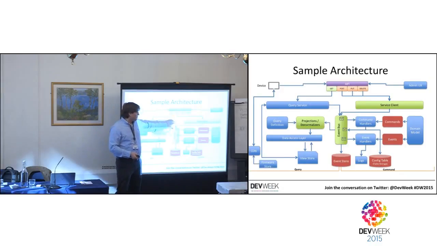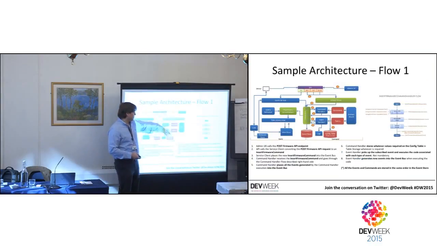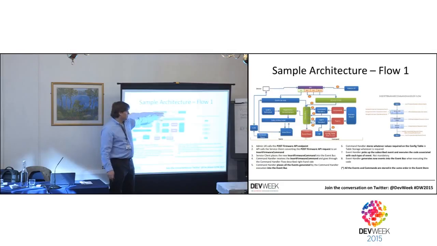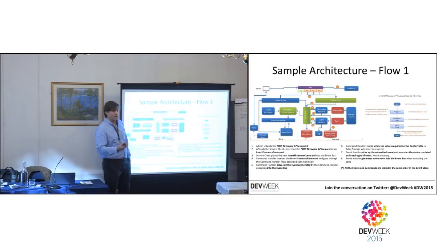So what happens, and we can go into the flow, imagine I'm going to insert a specific firmware. I go to my UI, which is on a website. This website was calling a web API, because we needed to control that. It calls the web API with a post saying, go and insert this thing.